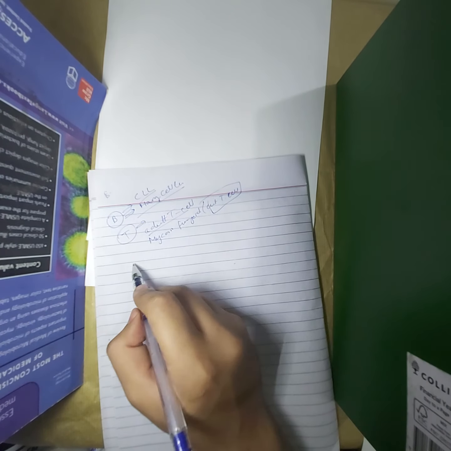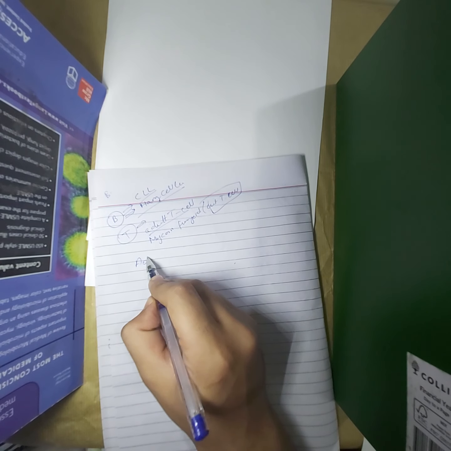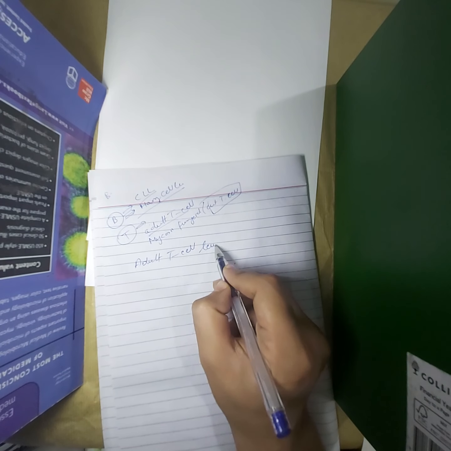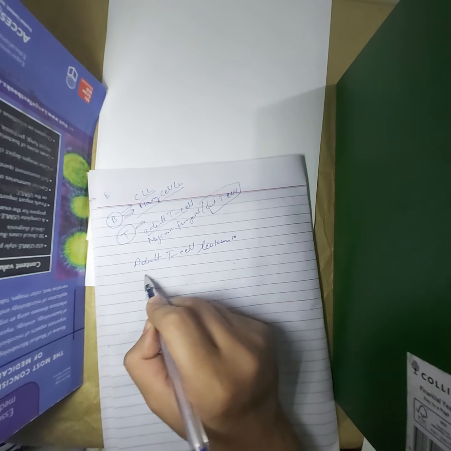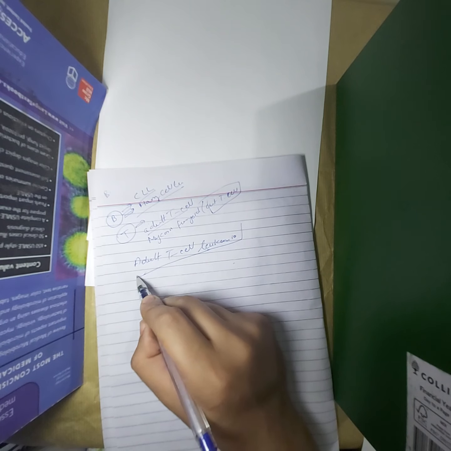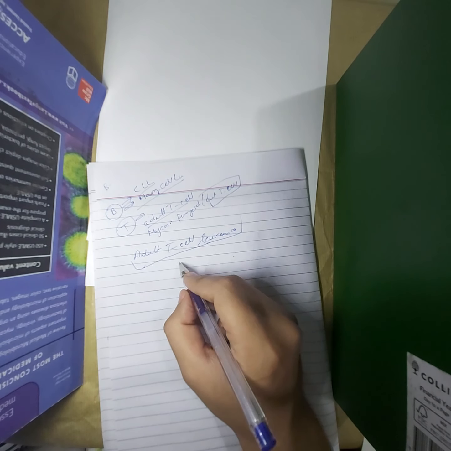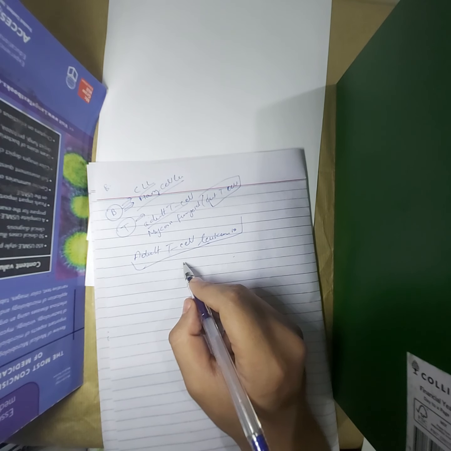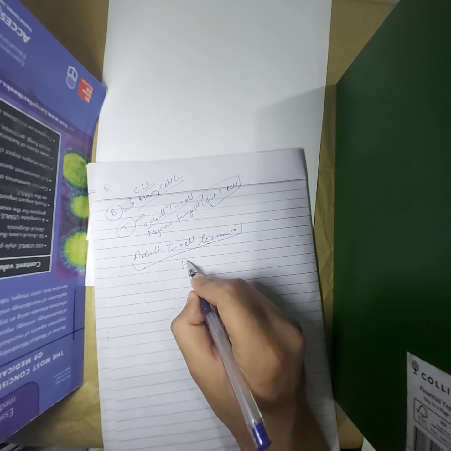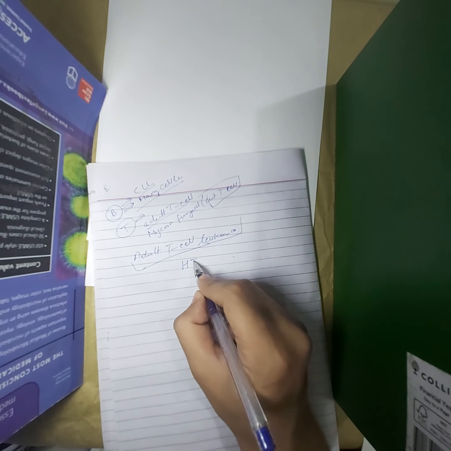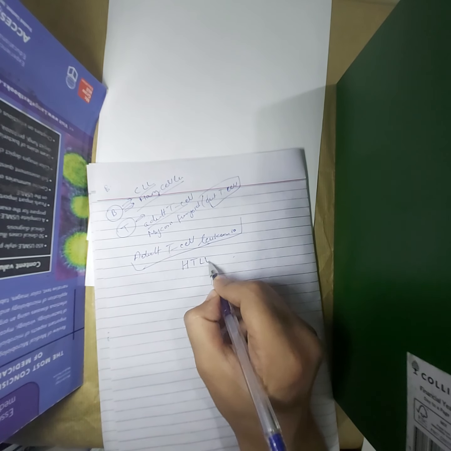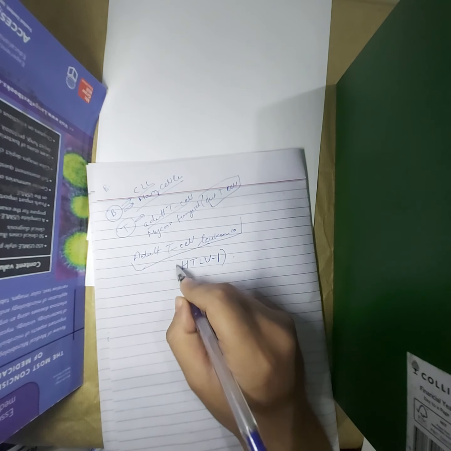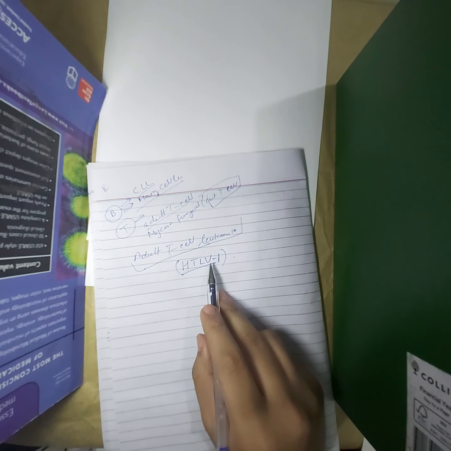Now start with the adult T cell leukemia. As I have mentioned previously, the T cell leukemias are mostly associated with the human T cell leukemia virus. Adult T cell leukemia is associated with human T cell leukemia virus 1.